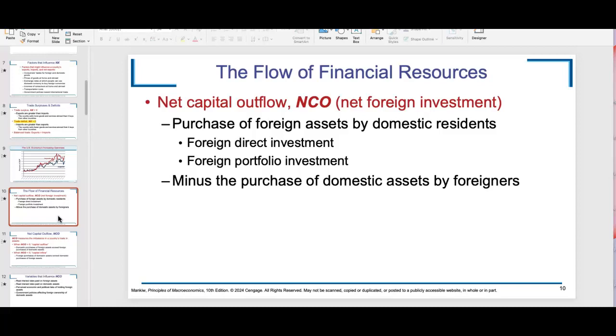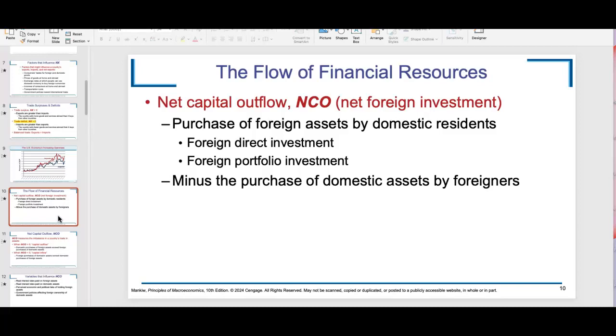It can be a foreign direct investment or a foreign portfolio investment. Remember, we talked about how foreigners can invest in other countries. A foreign direct investment is, say, if the big McDonald's franchise goes to another country and opens a restaurant in that country. But then there are foreign portfolio investments, which is literally the purchase of stocks and bonds on foreign markets.